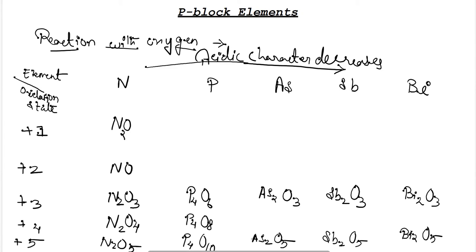Let's move further and see the next type of reactions for the group 15 elements, that is reaction with halogens.